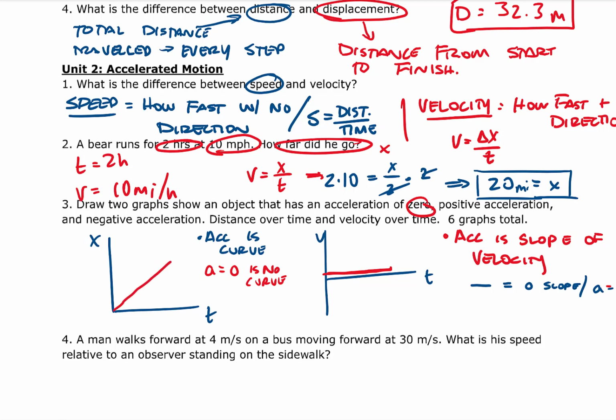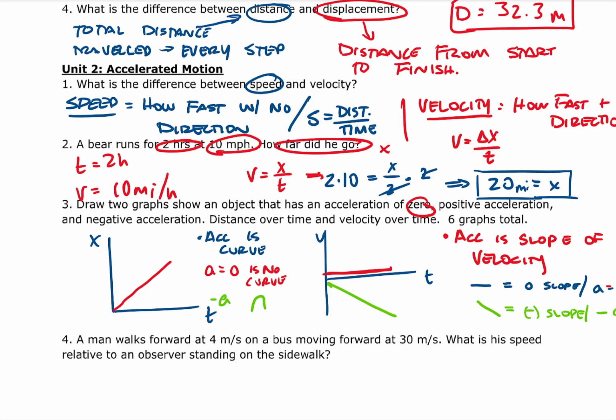Now, negative acceleration, we'll do that one in green. Negative acceleration is going to be negative slope. So negative acceleration here is going to be a frowny face, or downward curvature.